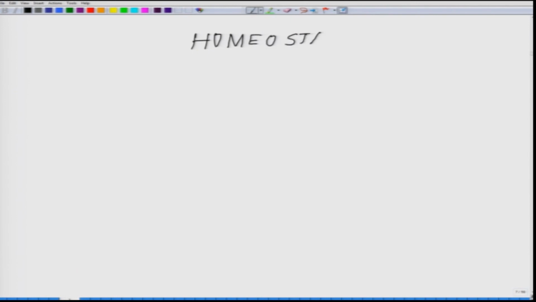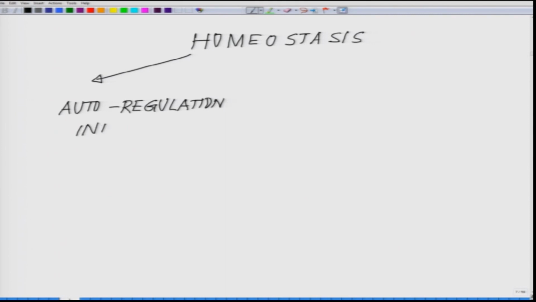Homeostasis could be classified into two parts. One is autoregulation or intrinsic homeostasis, and the second one is extrinsic homeostasis.